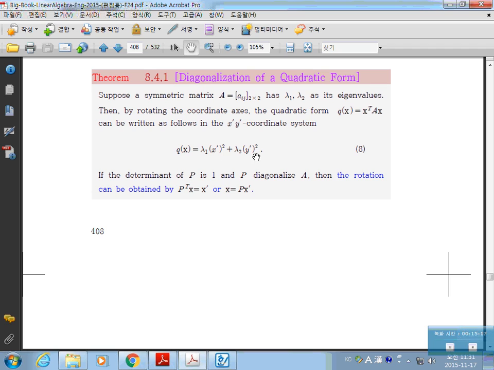If the determinant of P is equal to 1 and P diagonalizes A, then the rotation can be obtained by P transpose X equal to X prime, or just X equal to PX prime, like what you saw. So every quadratic form can be written in this way in a new coordinate system, with the eigenvalues lambda 1 and lambda 2 of A, with this substitution.